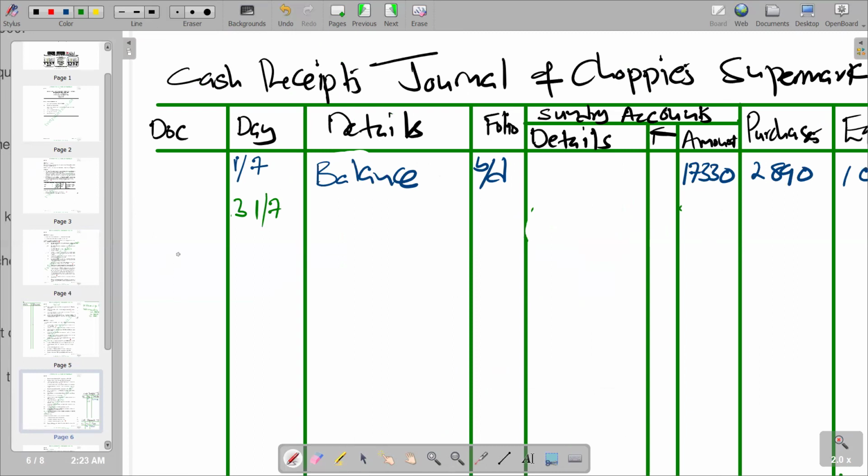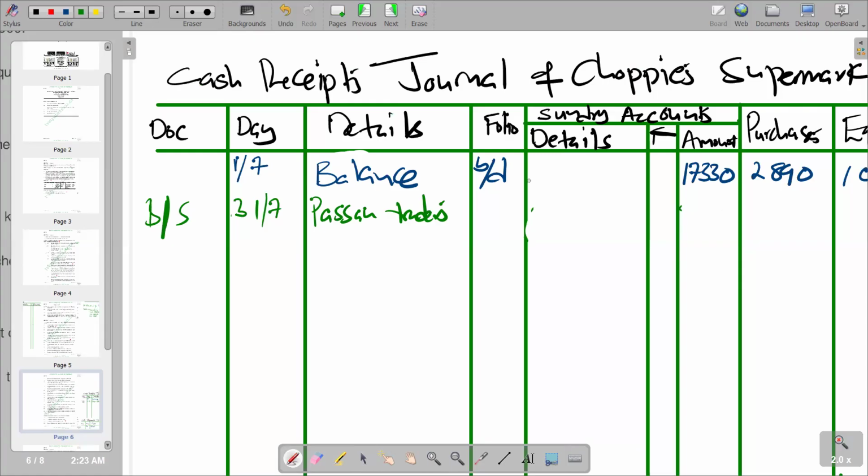And then for the document number, we are just going to put BS. And then for the details, we put the name of the person we issued the check to, who is Passau Traders.